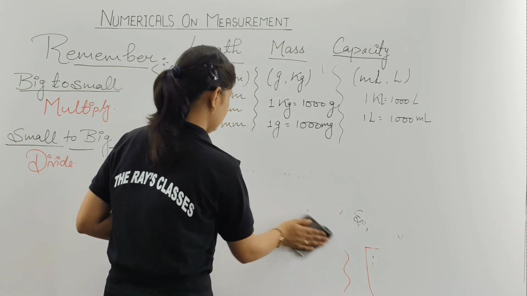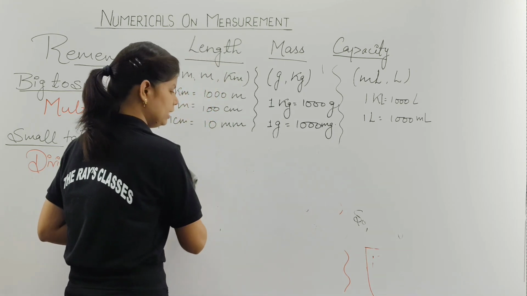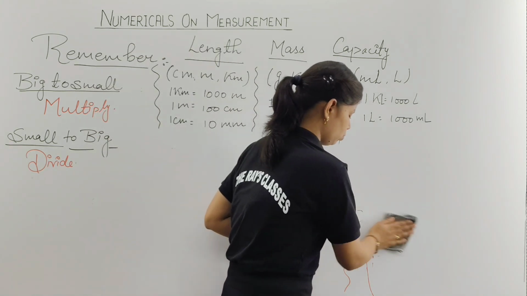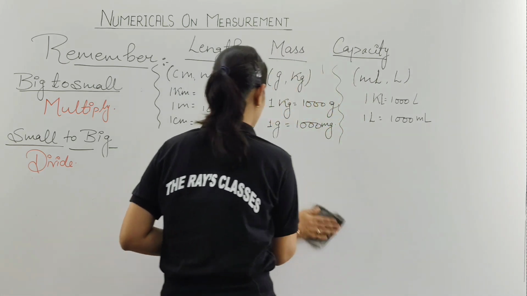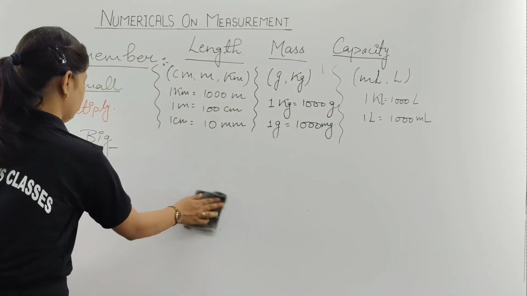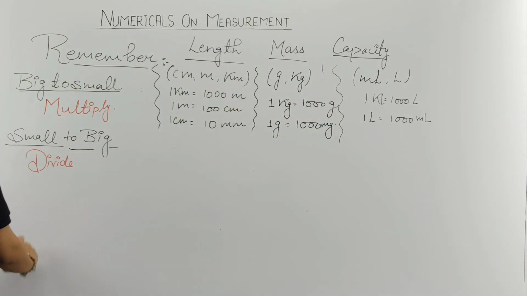And for the third one, milli, centi, deci, liter, deca, hecto, kiloliter. You are going to learn and recall these three again and again while dealing with problems on measurement. Clear?